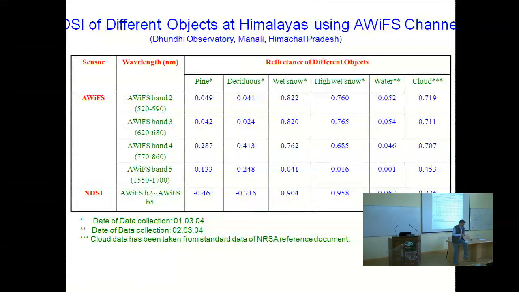So what does it mean? It means that if we have an algorithm using NDSI, it is possible that we can identify water as snow.